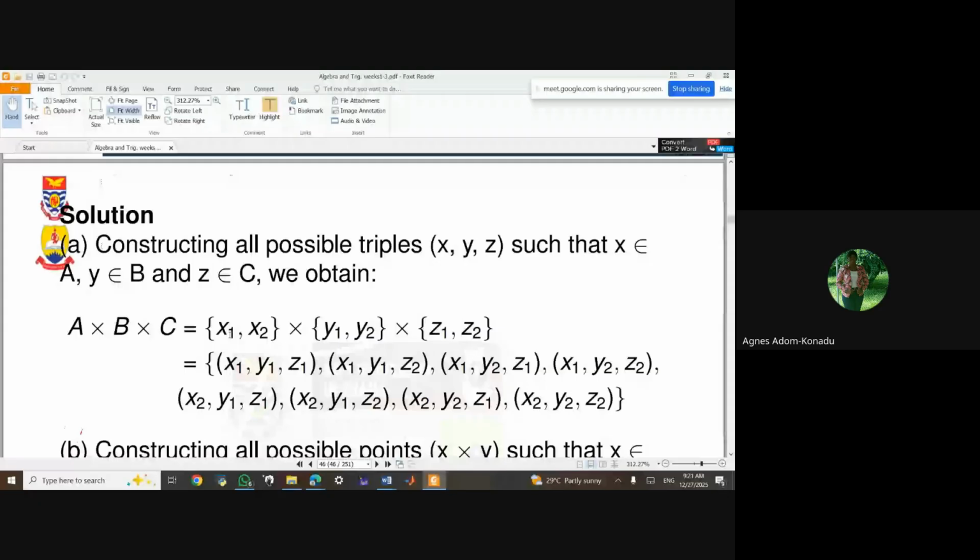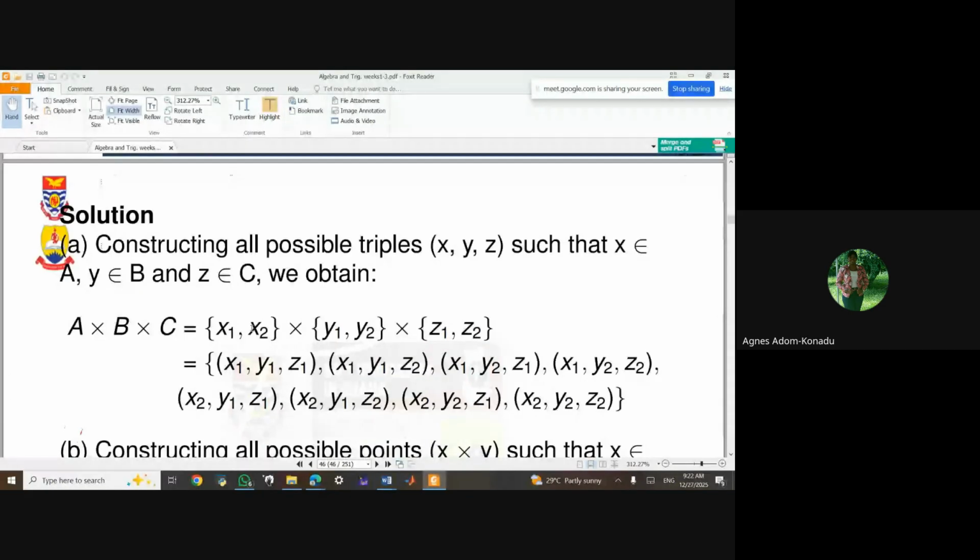Then I'll pick x1, y1, and z2. Then x1, y2, and z1. Then x1, y2, and z2. So I'm done with x1. Then I'll come to x2, I'll pick x2, y1, and then z1.